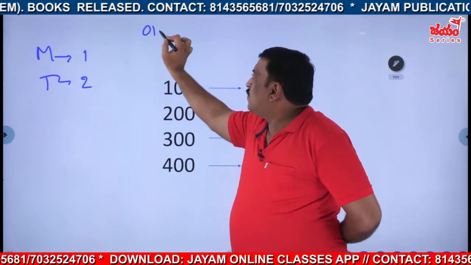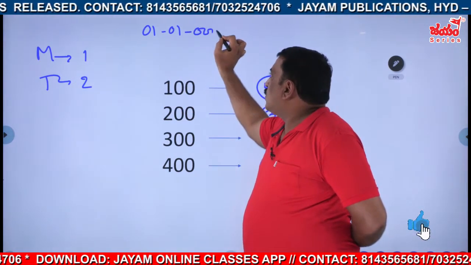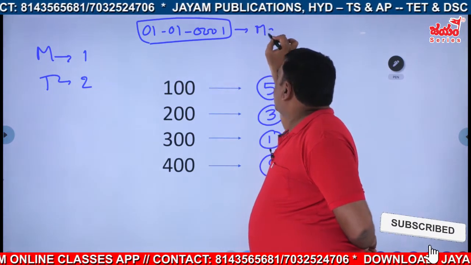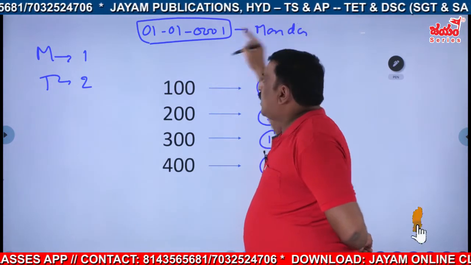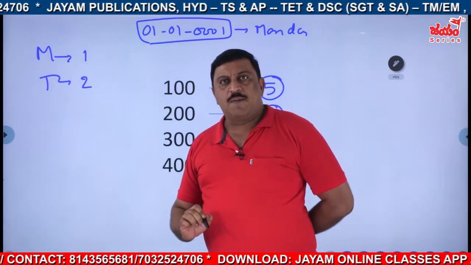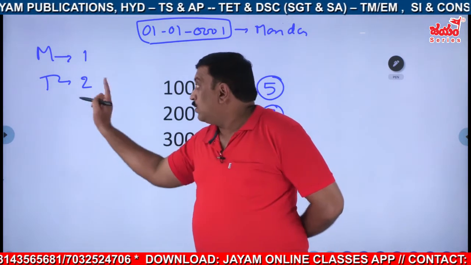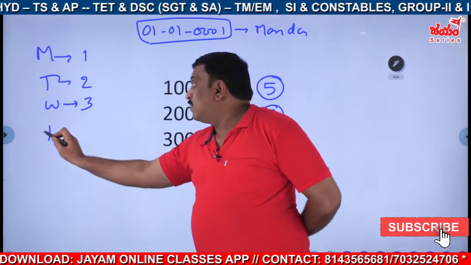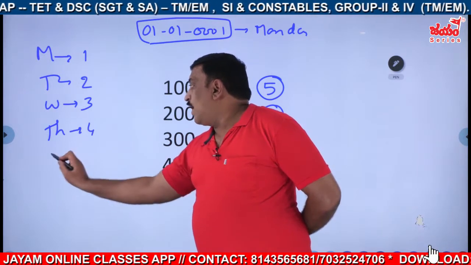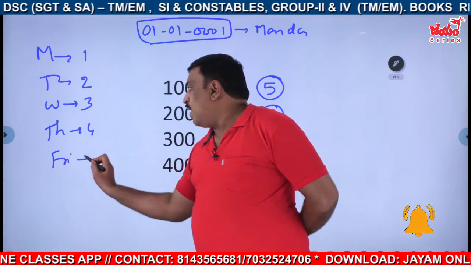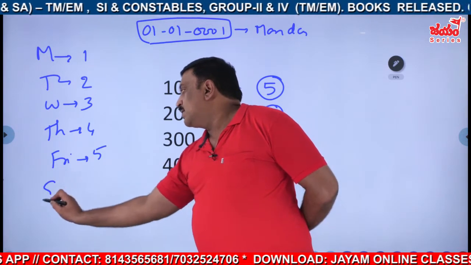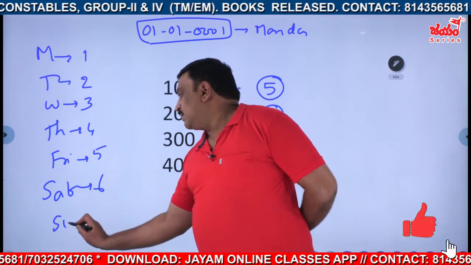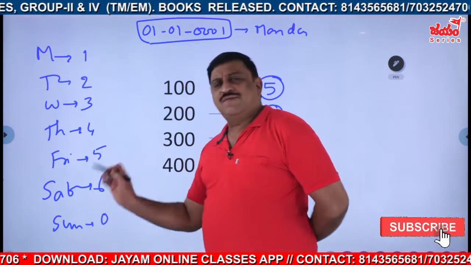So 0001, this day started on Monday. For that reason only we have taken the code 1 for Monday. Then Tuesday 2, Wednesday 3, Thursday 4, Friday 5, Saturday 6, and Sunday 0 or 7.